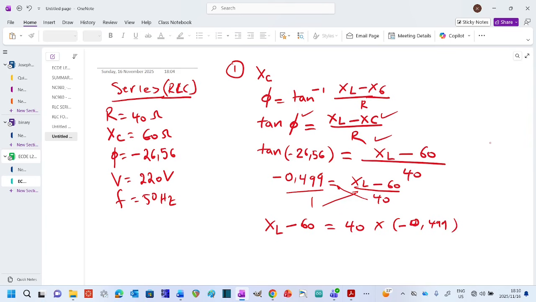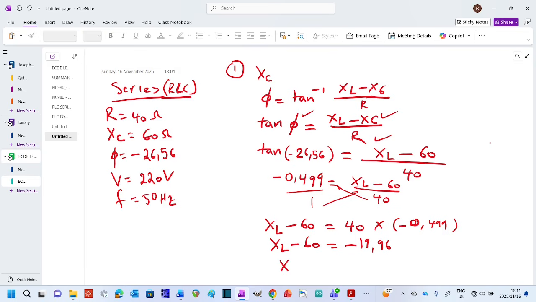So what do we get? XL minus 60 equals 40 times minus 0.499, which is equal to minus 19.96. From here it makes it easier because we can send minus 60 to the other side.